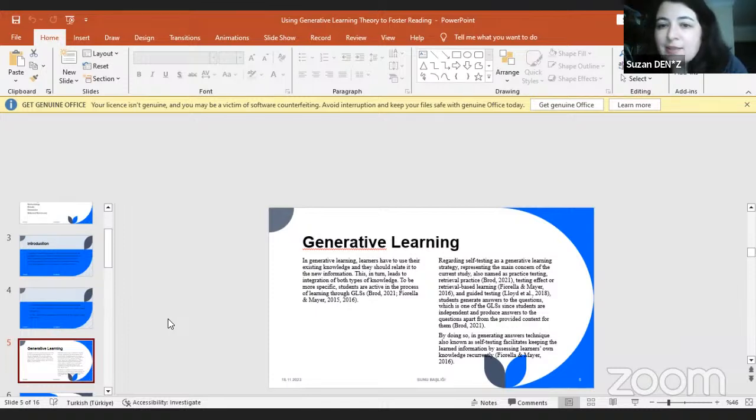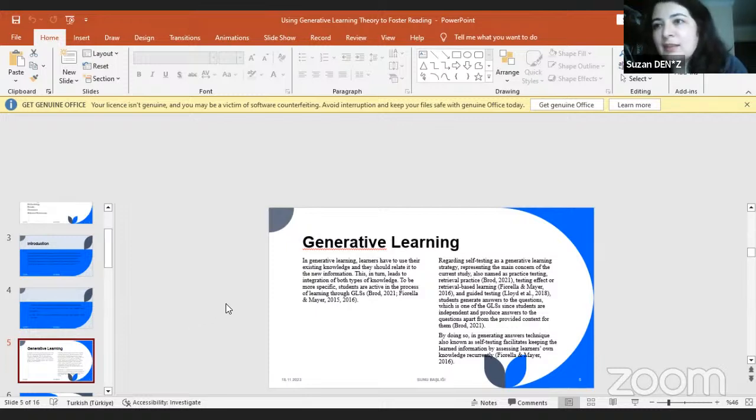Students generate answers to the questions, which is one of the generative learning strategies, since students are independent and produce answers to the questions apart from the provided context for them. And by doing so, the generating answers technique, also known as self-testing, facilitates keeping the learning information by assessing learners' own knowledge recurrently.